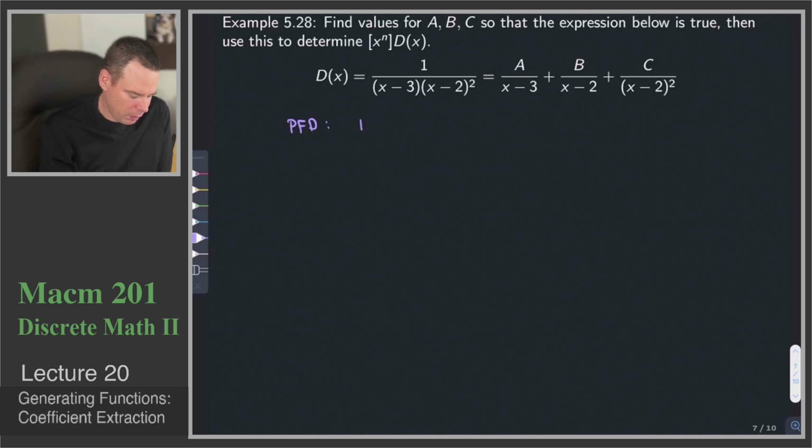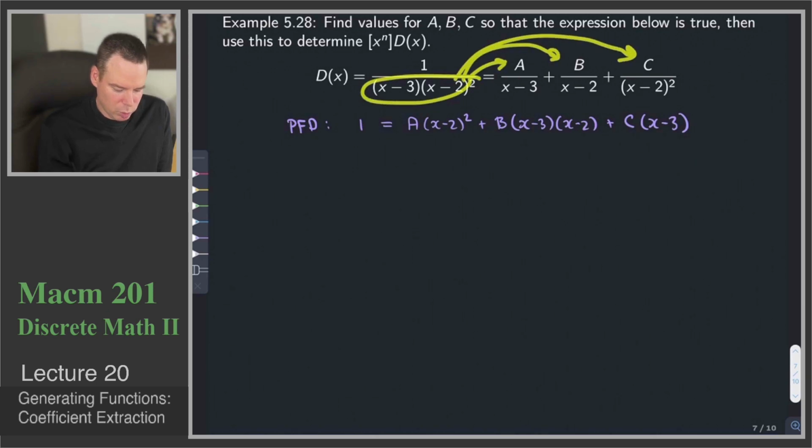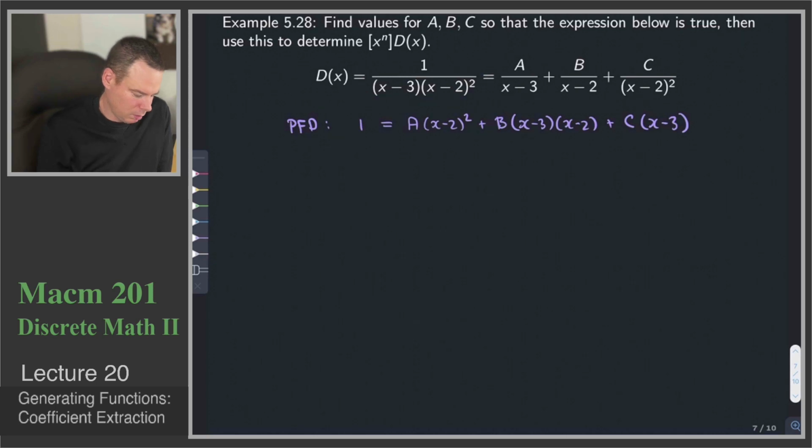We will clear denominators. We get 1 is equal to a times x minus 2 all squared plus b times x minus 3, x minus 2 plus c times x minus 3. So all I did was multiply both sides by this denominator. And so when I multiply this to these sides here, we get the appropriate cancellations, and that's our result.